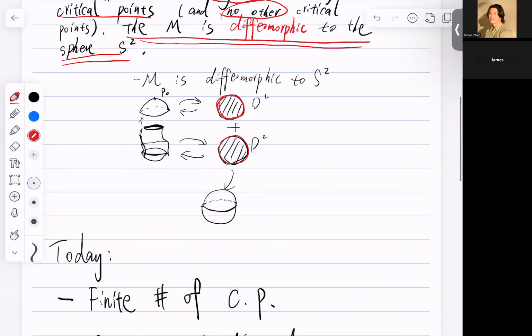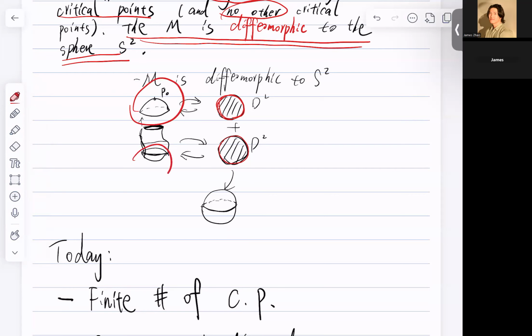Here, what we are trying to do is cut off the top, around our critical point P naught, and this forms a local space that looks like a dome, like an upside down bowl. Just to clarify, let me circle this. Yeah, this is the dome I'm talking about.